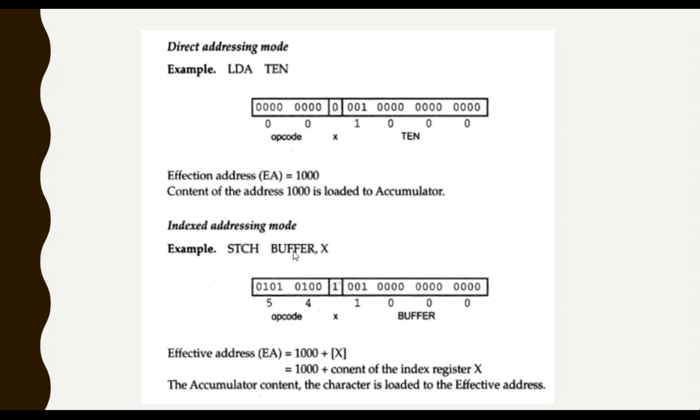Then suppose the buffer location is 1000, so the address of buffer is 1000. Now the effective address, the target address, will be calculated using the address of buffer plus the content of the index register. So 1000 plus the content of the index register.